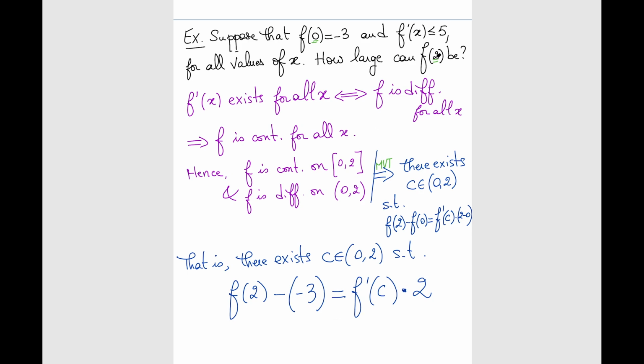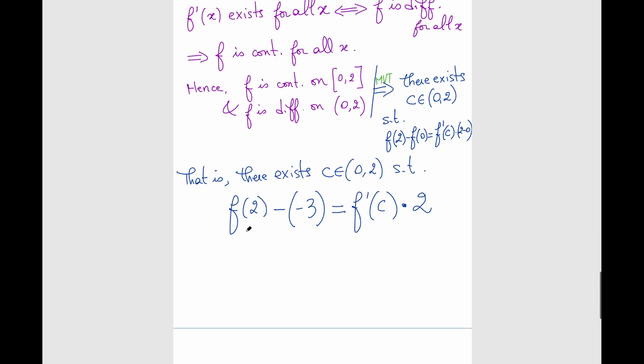What's the question again? We want to find how large f of 2 can be. All right. That's the same as f of 2 plus 3 equals 2 times f prime of c. So this means that f of 2 is equal to 2 times f prime of c minus 3, right? Because on the left side it was plus 3, so to move it over it becomes minus 3. Am I correct? All right.